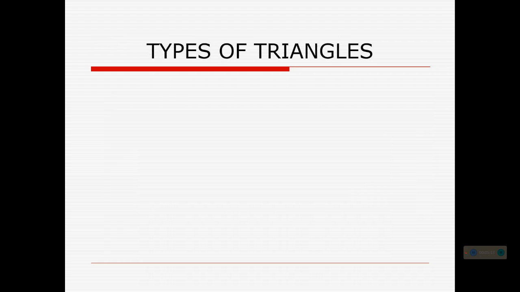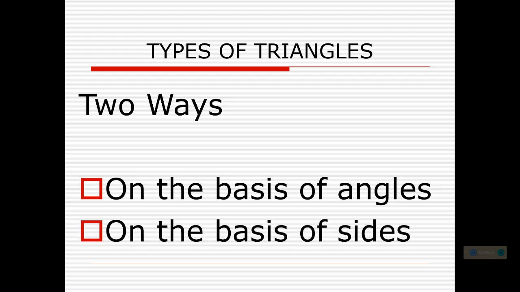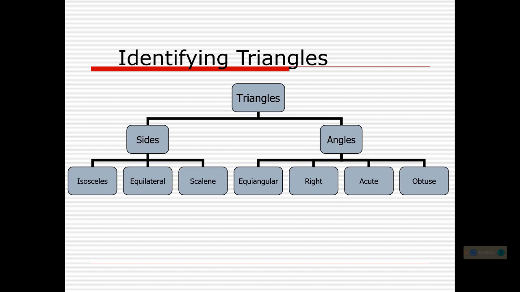Next. Let us have now the types of triangles. Okay? So there are 2 ways on how you are going to give the types of triangles. The first is on the basis of angles and the other is on the basis of sides. Okay? So again, there are 2 ways on how you are going to identify the triangles: according to size and according to angles.